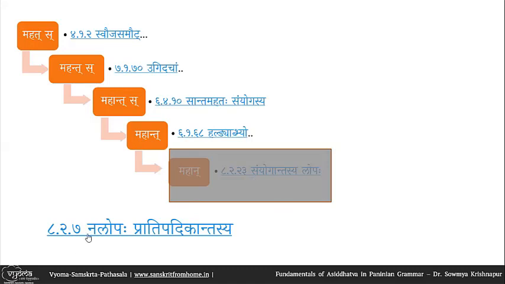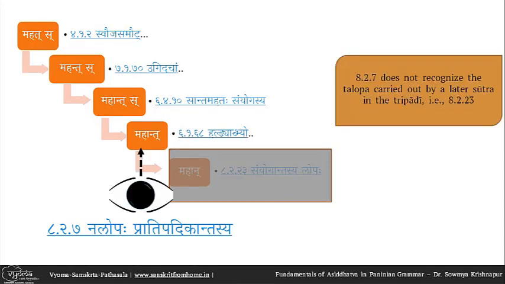Because it is asiddha, nalopah pratipadikantasya sees mahant. It does not recognize the lopa of takara. So it thinks that there is a takara. If there is a takara, this sutra cannot operate because there is no nakara at the end. Nalopah pratipadikantasya can operate only if there is a nakara at the end of the pada.